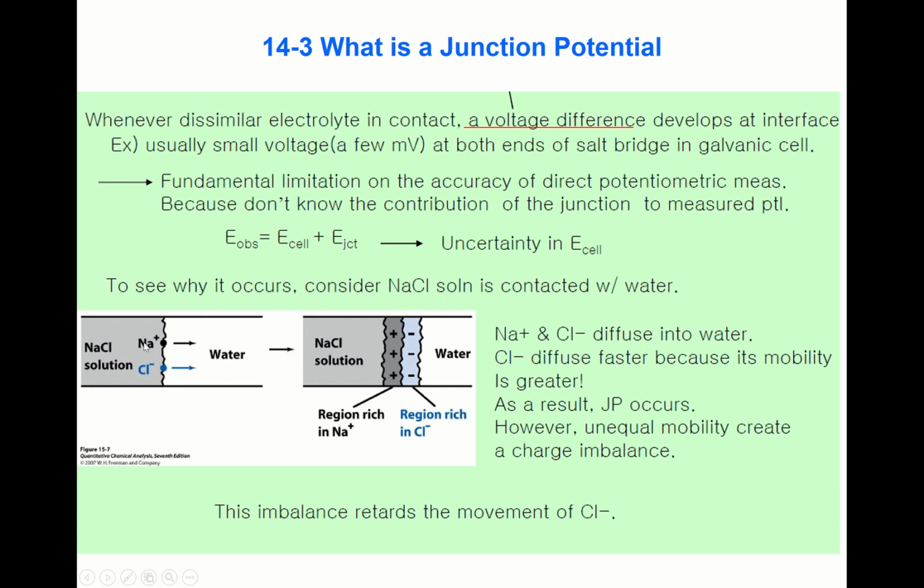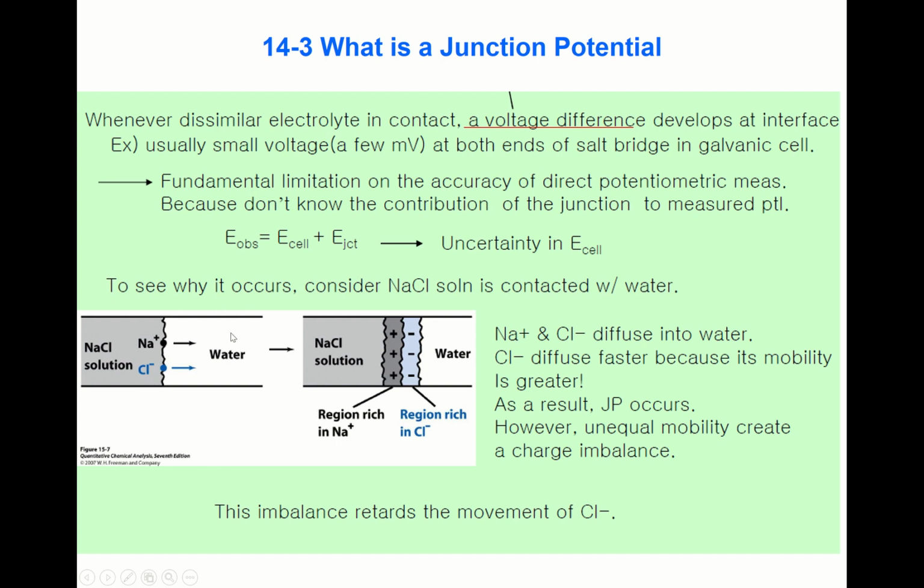At first, this junction develops, but since there is a concentration difference, on the left-hand side there are sodium ions and chloride ions, but on the right, in this water, this solvent, there are no such ions. So sodium ions diffuse into this water phase, and chloride ions also diffuse into the water phase.